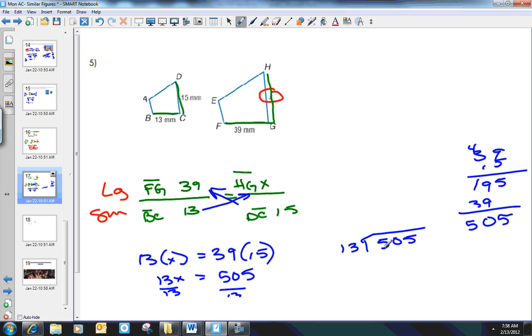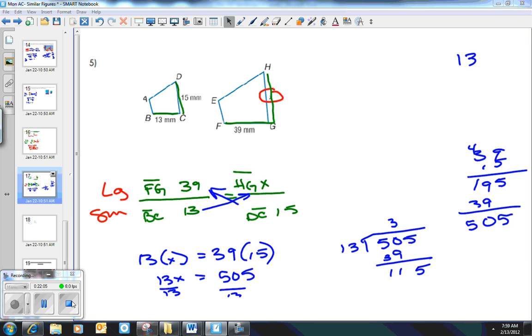Okay, 13 should go into 50. Let's try 4 times. I think that might be a little too much, probably 3 times. Okay, 39, that means we have 11 left over. 115 is our next number, so let's see, 13. Let's see, we have to end in a 5 down here.